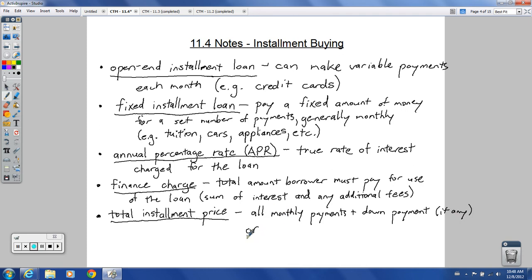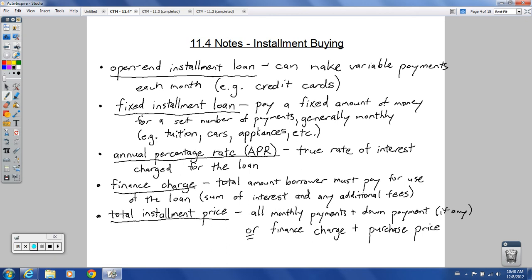Or, another way to define it, kind of depends on the situation, it's the finance charge plus the purchase price. So the interest and fees plus the amount it costs in the first place if you would have just paid cash for it, plus the purchase price.